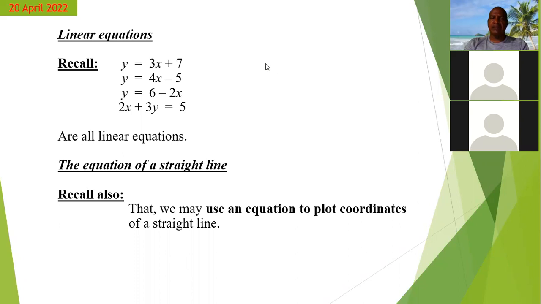So we could get x from -3 to, say, +5 or +6. So it means that the range of values for x would start from -3 and go all the way up to +6.